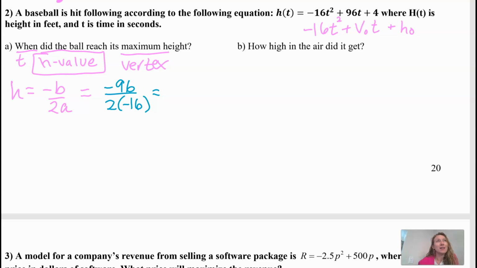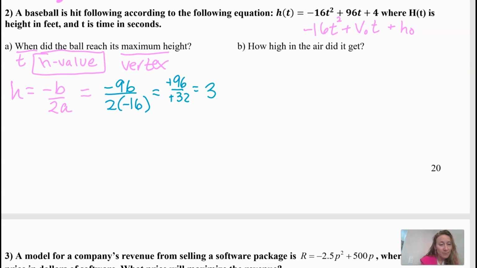We expect the maximum to be above the ground when we're talking about height. So it looks like we're going to get that. I have a negative divided by negative. I'm going to have negative 96 divided by negative 32. Those two negatives cancel out and become positive, and 96 divided by 32 is 3. So this is all they want us to find out.